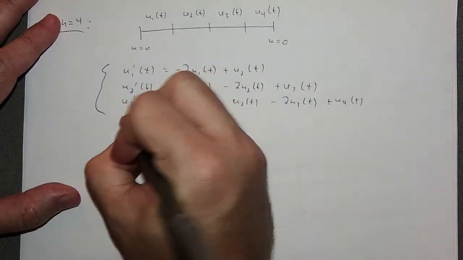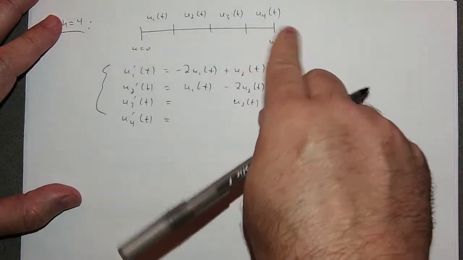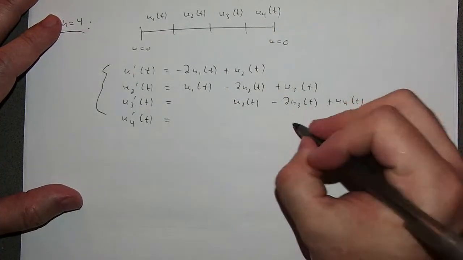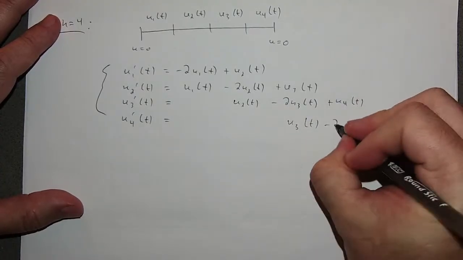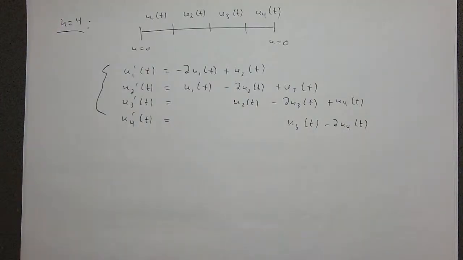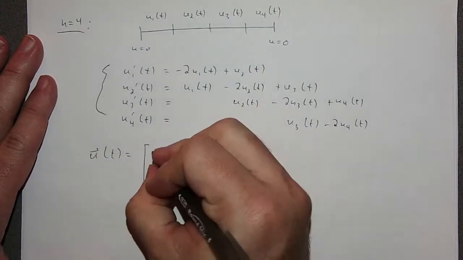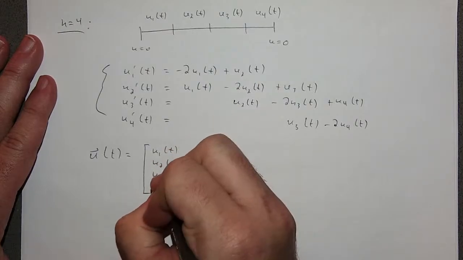And one more, u4 prime of t would be, again, u4 only going out one end, and then region 3 is the only other region that gets touched here, so this would be u3 of t minus 2 u4 of t. So this description explains what's happening in this bar. Now we would let our u of t be a vector that has four component functions here, u1, u2, u3, and u4.